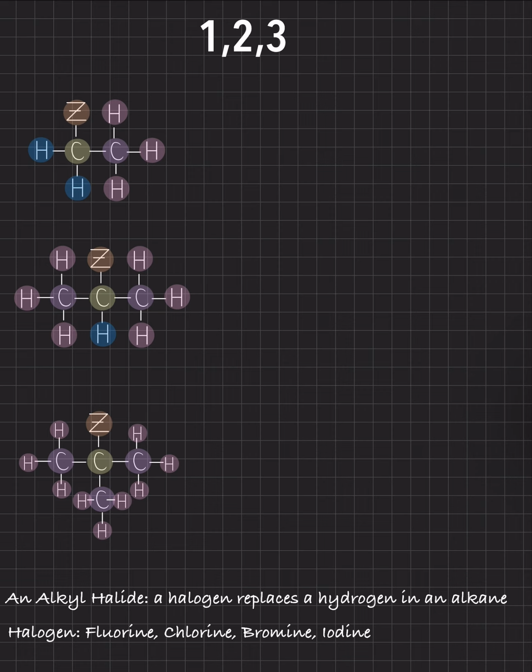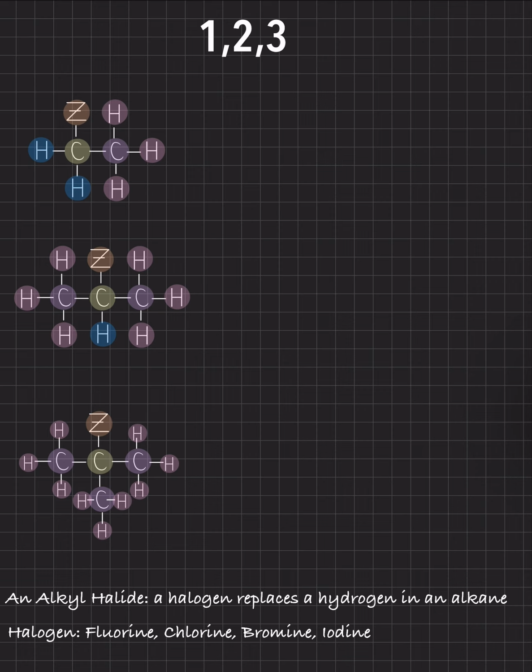So how do we know what would be a primary alkyl halide, a secondary alkyl halide, or a tertiary alkyl halide? I'm going to use that yellow carbon as the carbon that I'm focusing on, and the purple carbons are the attachments of that yellow carbon. For example, that one yellow carbon is attached to one purple carbon.